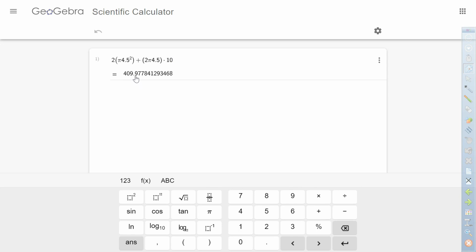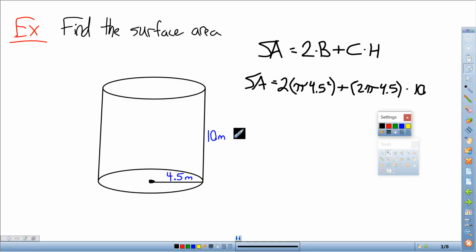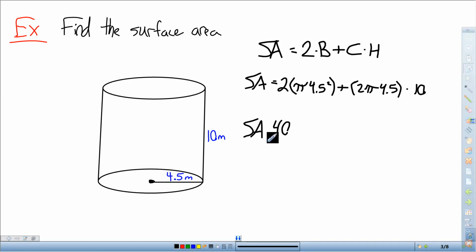So that 9 looks like it's rounding up to a 10, which is going to round this thing up to a 10. So 410.0 is probably the best way of representing this answer. The 0.0 might not be necessary, but I want to make it obvious that we rounded to one decimal place. And it looks like we're dealing with meters, so meters squared.